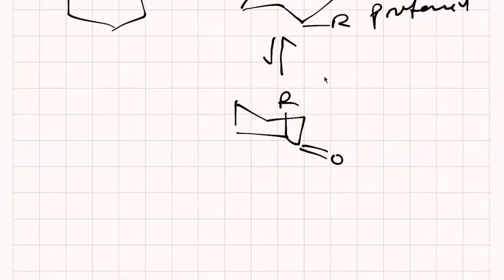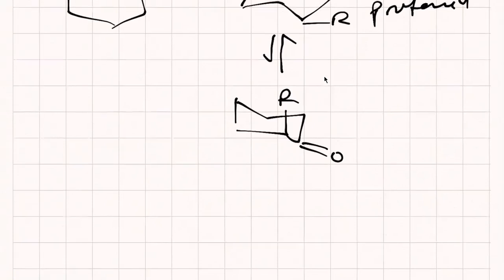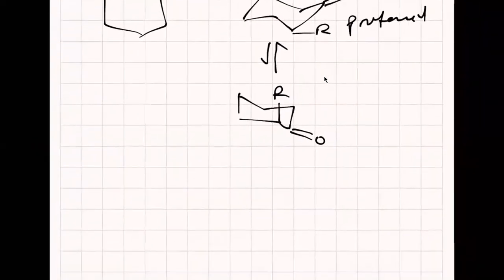So again, if you have a cyclohexanone, it's going to affect the substituent in the sense that the substituent may prefer to be axial, may prefer to be equatorial. It just depends. So let me show you how that works in terms of the energetics.